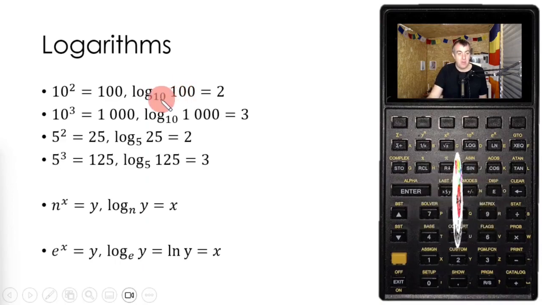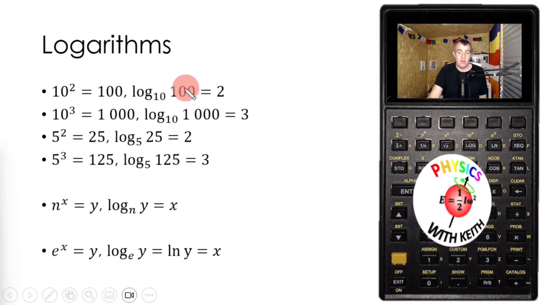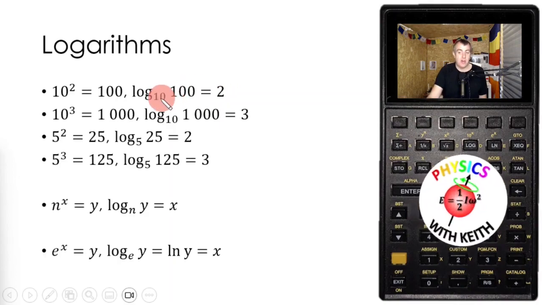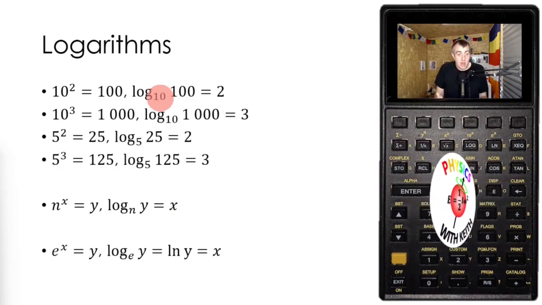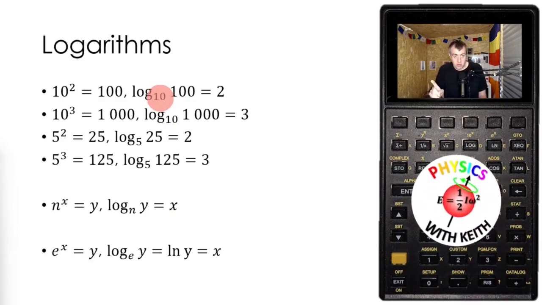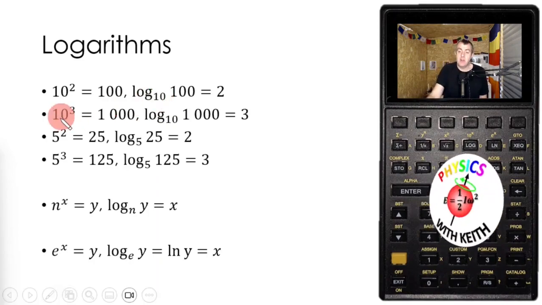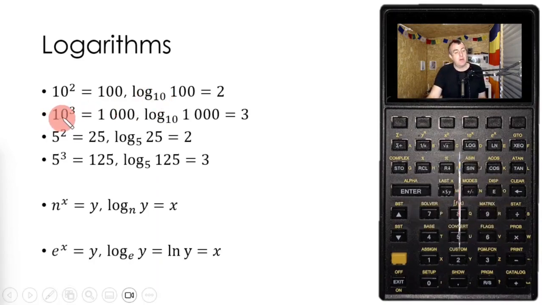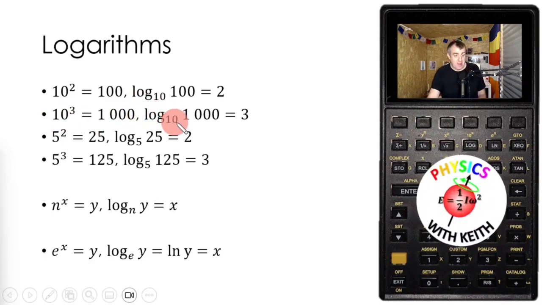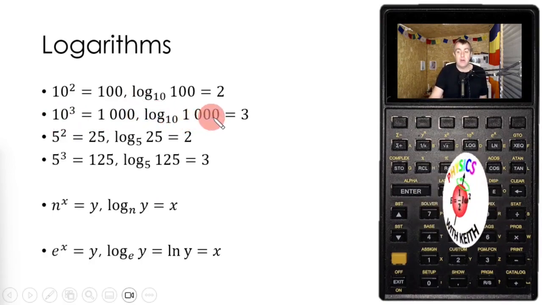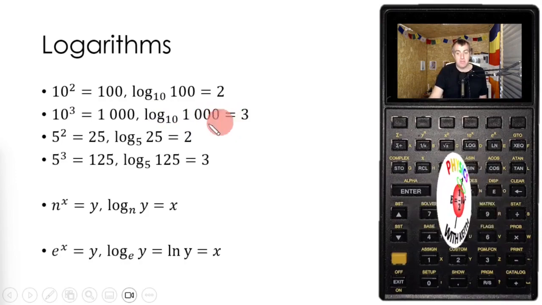Base 10, the power of 2 is equal to 100. So the logarithm on the base 10 that is equal to 100 is 2. That is the power. And you can see the same thing here. 10 to the power of 3 is 1,000. So the logarithm with the base 10 that is equal to 1,000 is 3.